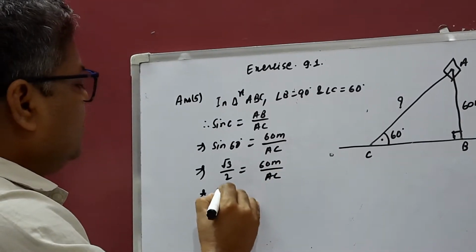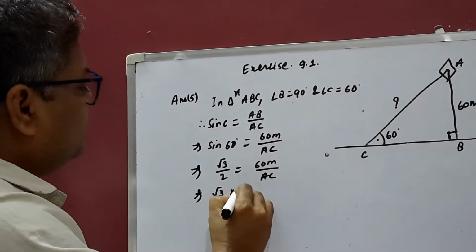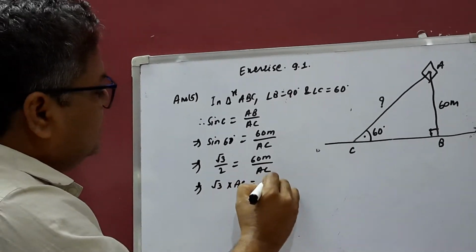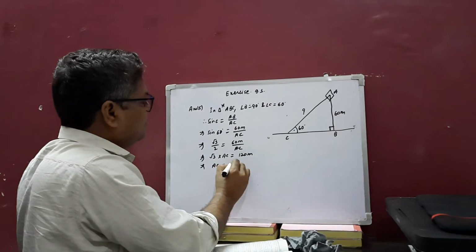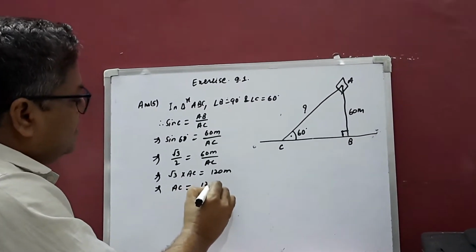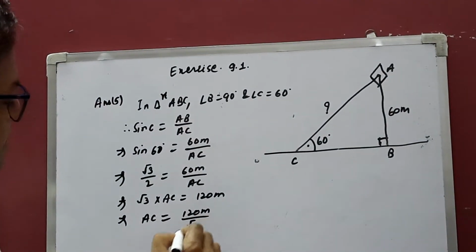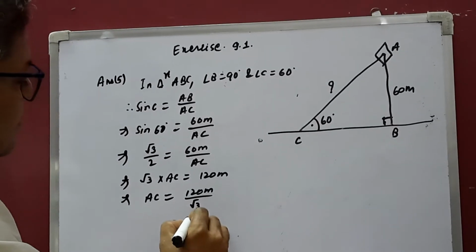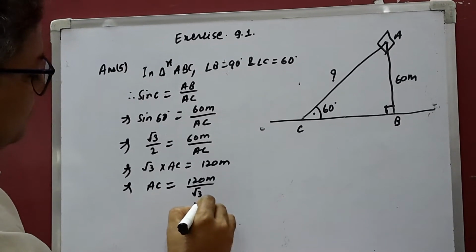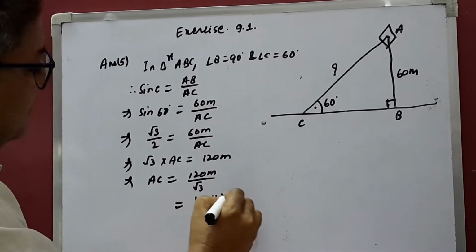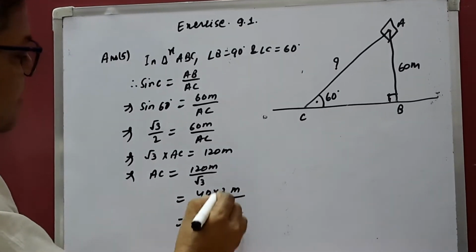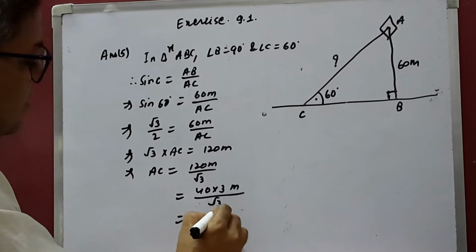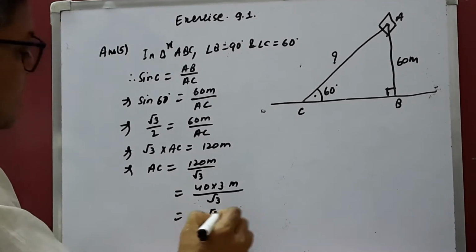Do the cross multiplication, and this is 120 meter, and AC is equal to 120 meter divided by root 3, and this is 40 into 3 meter divided by root 3, and the 3 will cancel out with root 3.